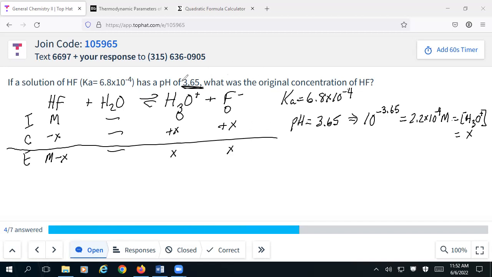But if I took that pH value 3.65, took the anti-log of it, I got 2.2 times 10 to the negative fourth as the concentration of the hydronium. So that would be this value X here. And this X here.